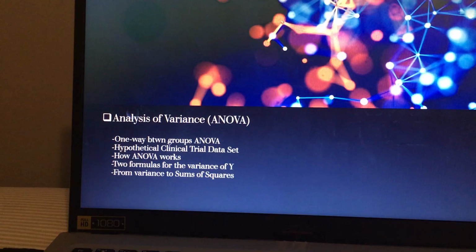So in that sense, we're talking about an analysis similar to a t-test, but it involves more than 2 groups. Okay, we have 3 groups.